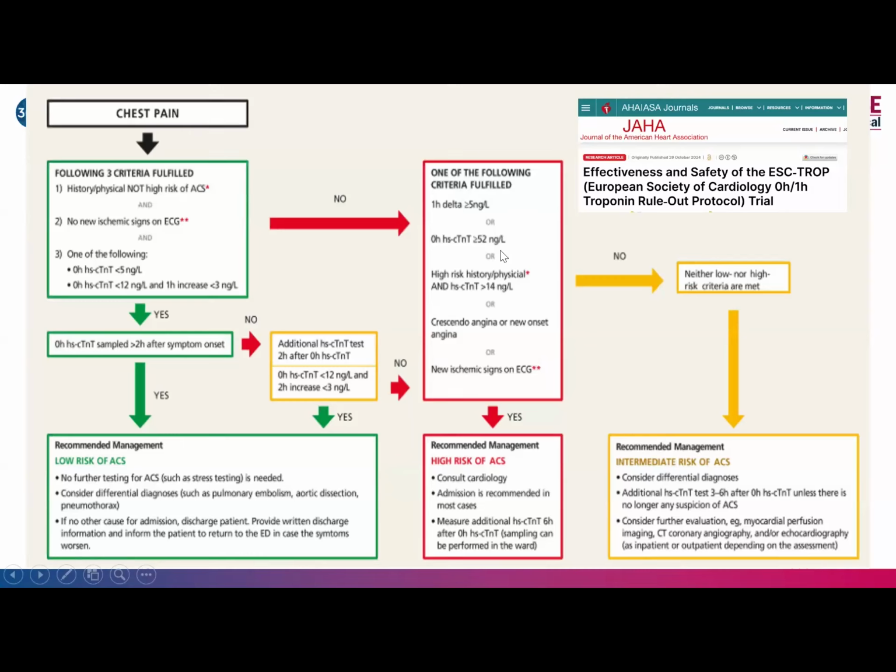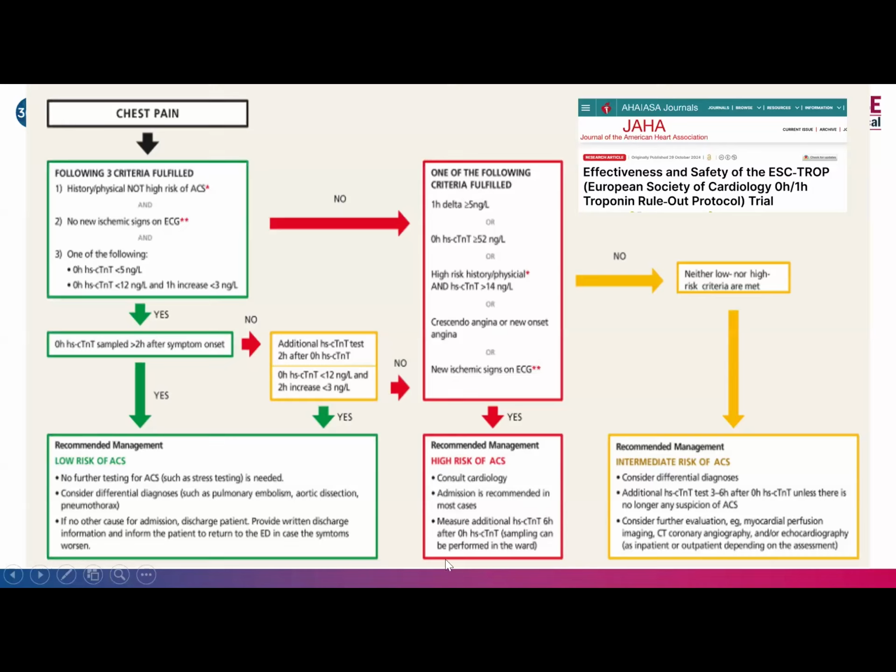So it is either an individual level of more than 52, or a level more than 14 with the history of physical examination, or new onset angina, or ischemic signs on ECG, then there is a high risk of ACS. The recommended management is to measure an additional high sensitivity troponin at 6 hours after 0 hours. So here is the 0 6 hour rule.